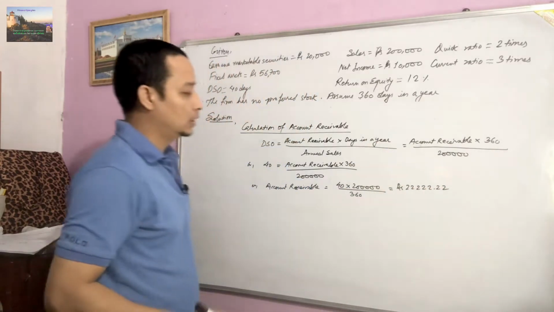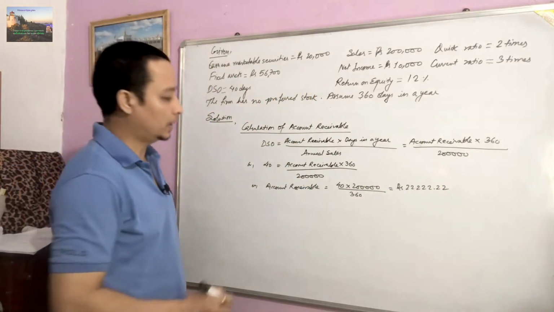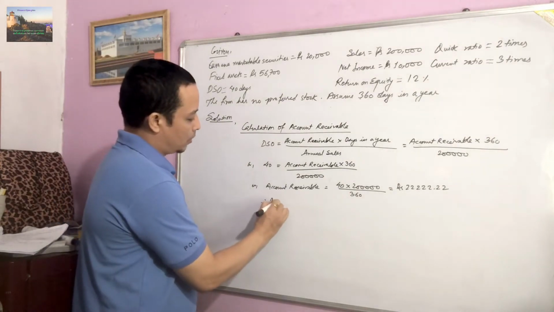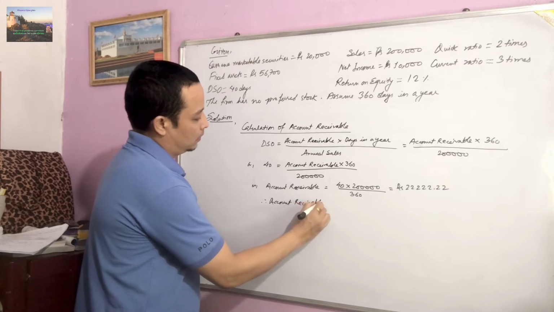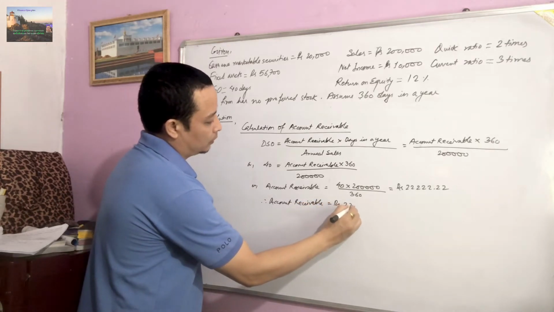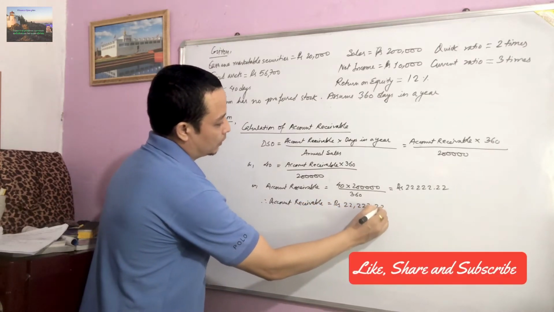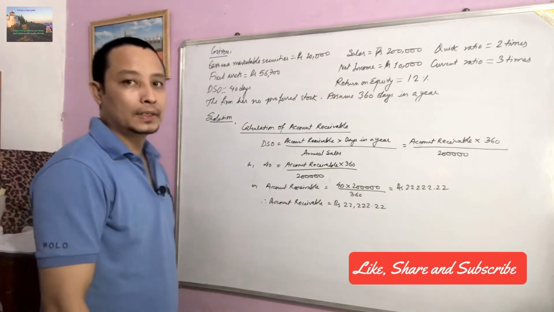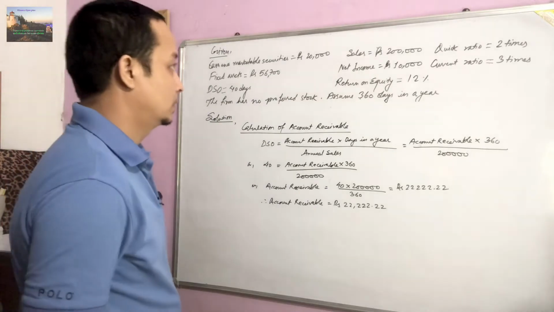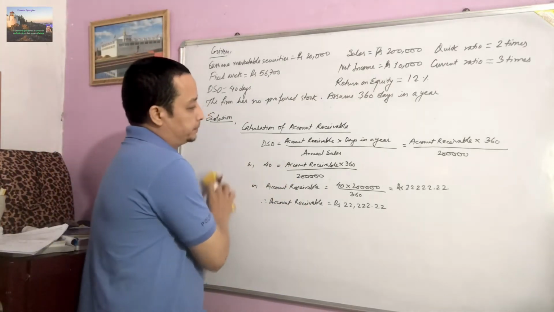So this is your account receivable. Therefore account receivable equals rupees 22,222.22 paisa.